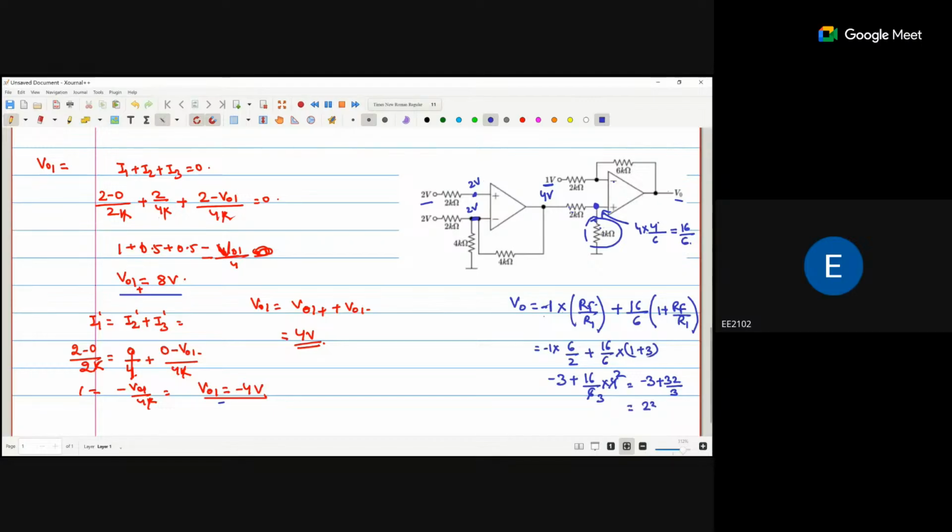So that is 23 by 3, 7.67. So that we solved with the help of the superposition theorem.